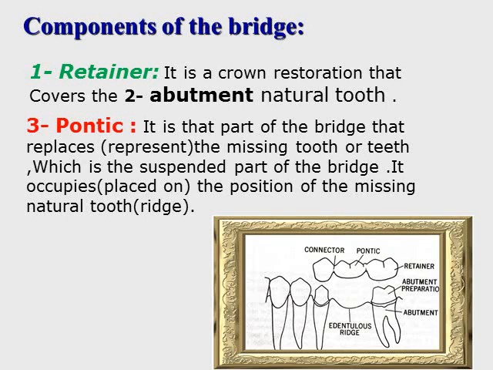here the pontic or pontics. If the bridge is replacing only one tooth, we will have one pontic. If the bridge is going to replace many teeth, 1, 2, 3, then we will have more than one pontic.